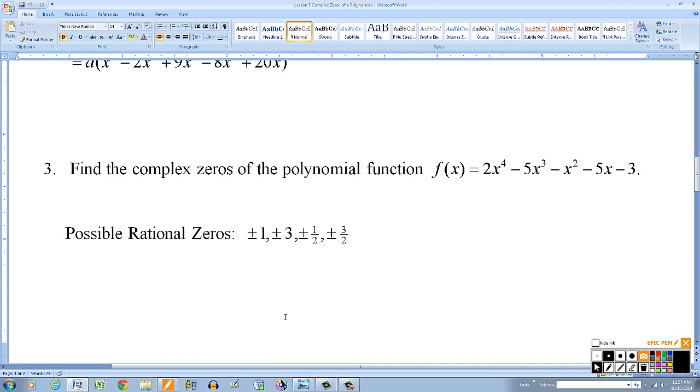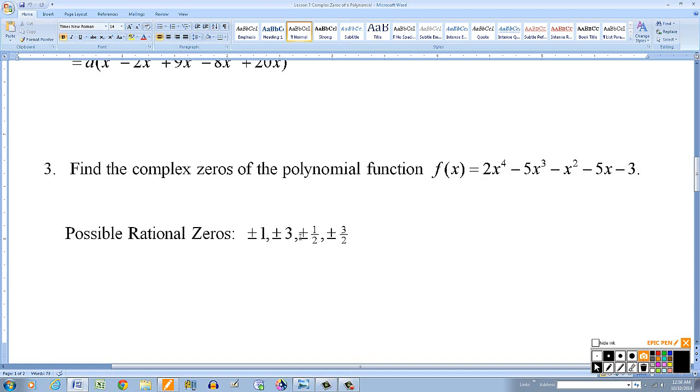So we want all the zeros, but the best way to find all zeros is to find some rational zeros, use synthetic division, and break down your polynomial into a quadratic, where you can factor or use the quadratic formula. So what you would do then is plug 1 into the polynomial, negative 1, and 3, negative 3.